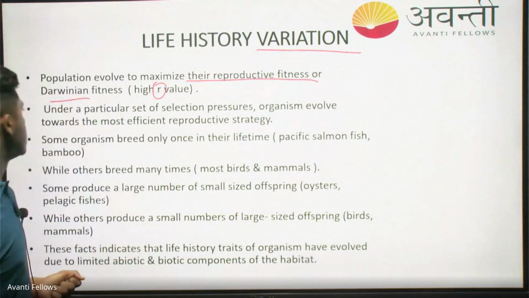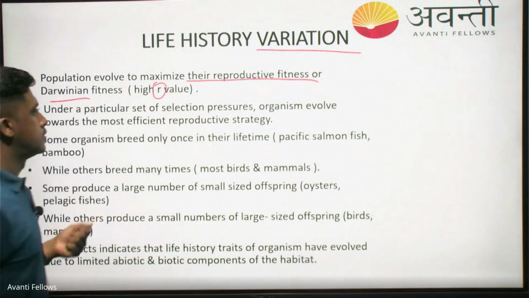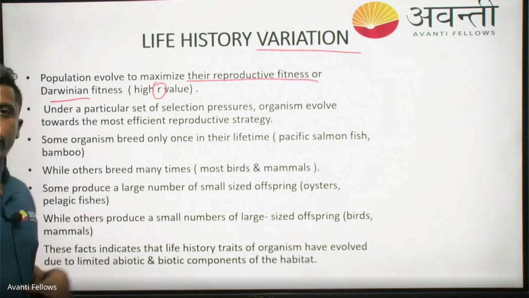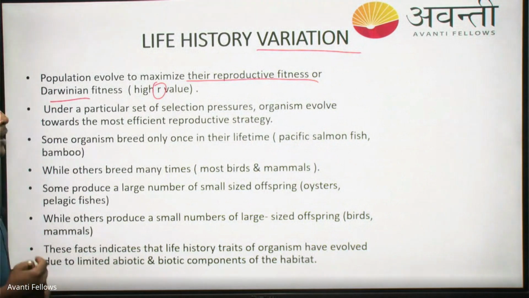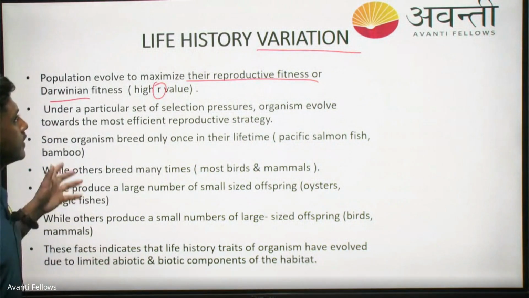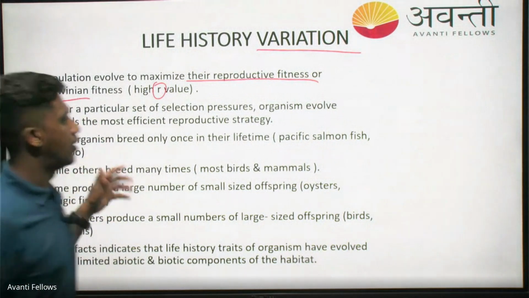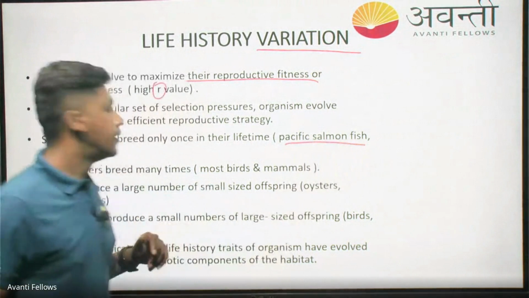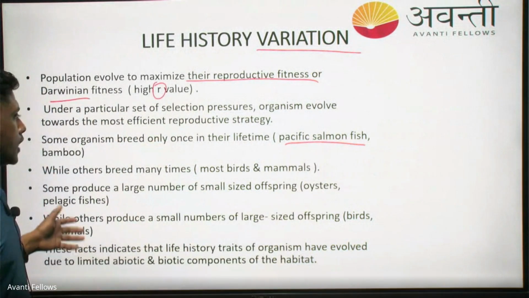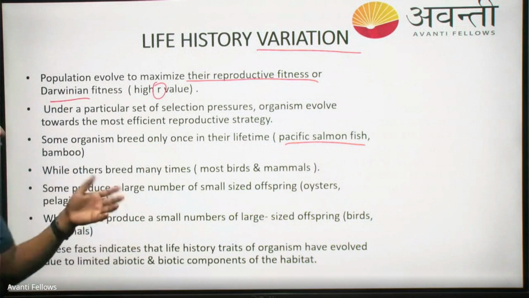Under any selection pressures, these organisms change their reproductive strategies, and it becomes completely different. For example, the Pacific salmon fish reproduces only once in a lifetime, whereas birds reproduce twice in a lifetime or many times in a year.